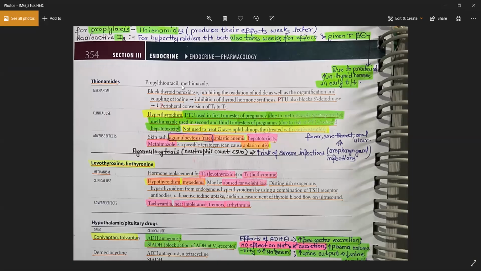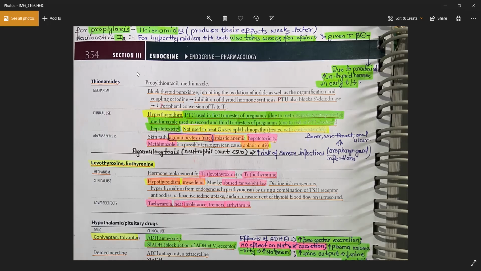So you cannot give methimazole to a first trimester patient. Any female who is pregnant and in the first trimester, you cannot give methimazole because it is highly teratogenic, and all the teratogens act mainly in the first trimester. So for any pregnant female, you always give propylthiouracil in the first trimester.